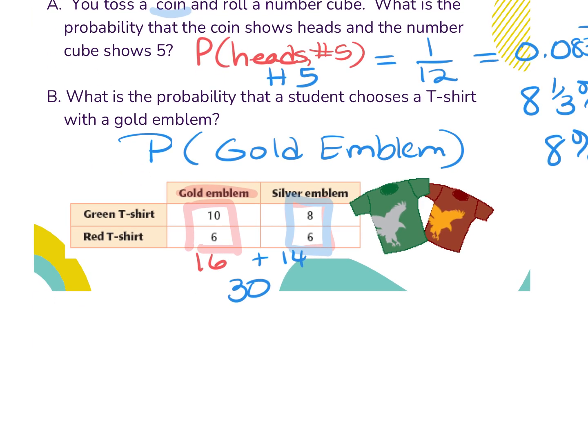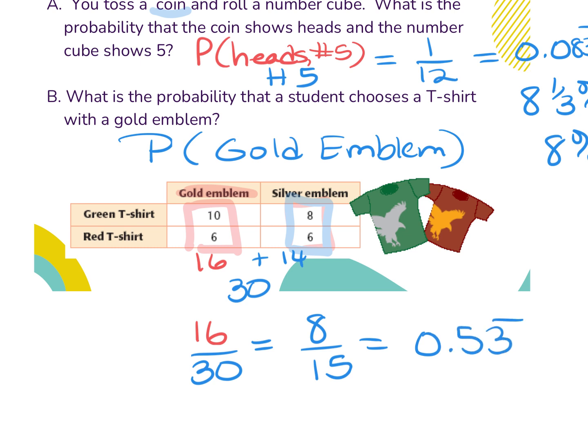So what I'm shooting for, my favorable outcome, is the total number of gold t-shirts I have, which was 16 over the total. And then always reduce your fractions, 8 over 15. So if it asks you to enter the answer as a fraction, we're done. If it says enter it as a decimal, divide.